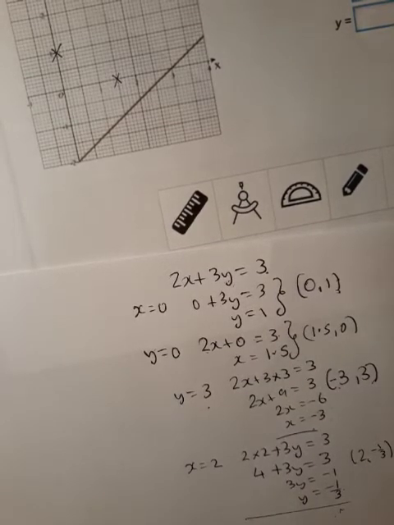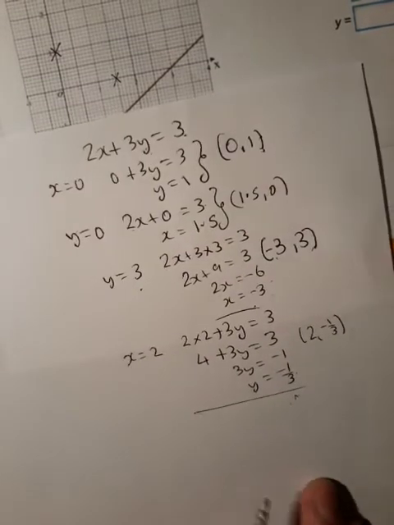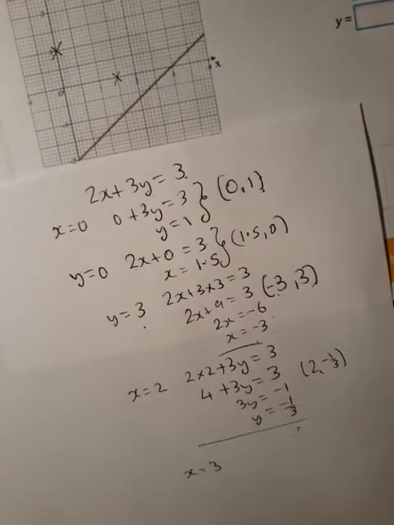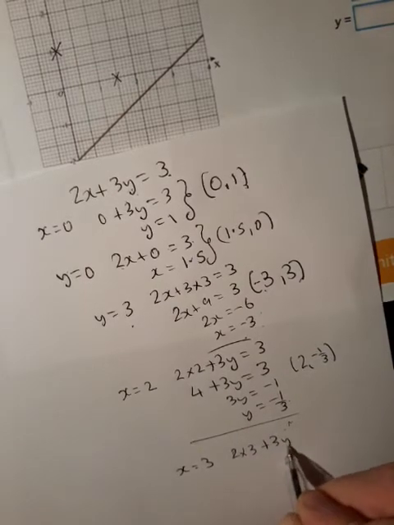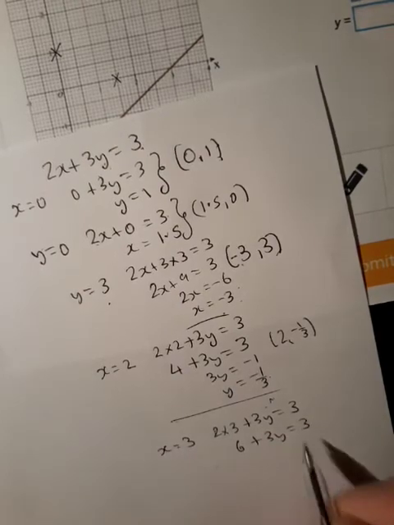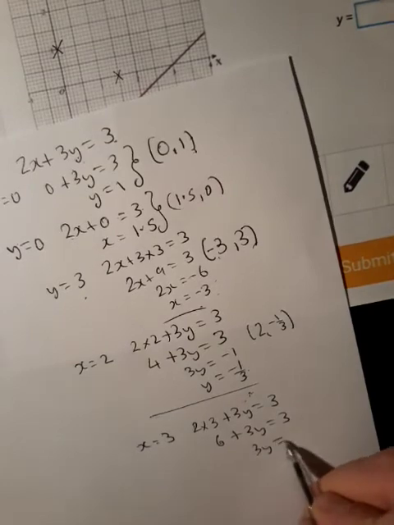Looking at this, maybe x equals 3. So, still trying. X equals 3. What do we get? 2 times 3 plus 3y equals 3. 6 plus 3y equals 3. This looks a bit better, doesn't it? 3y equals minus 3.